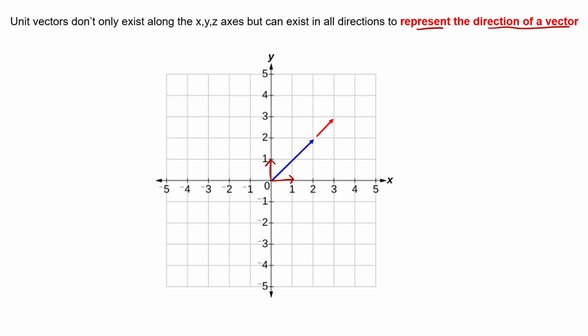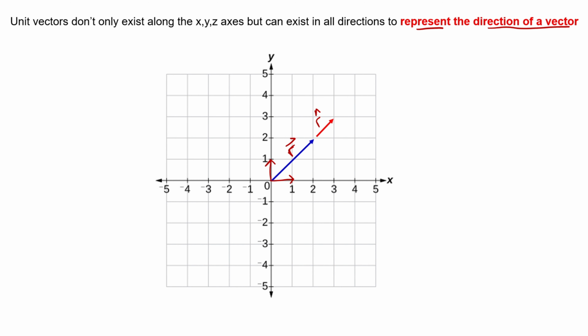But you can actually calculate the unit vector. If I have a certain vector, this blue vector, and I call it vector r, then its unit vector will be r with a cap on top. Why am I putting a cap on top? It's telling me that this is a vector with a length of 1, and it is telling me the direction of r.